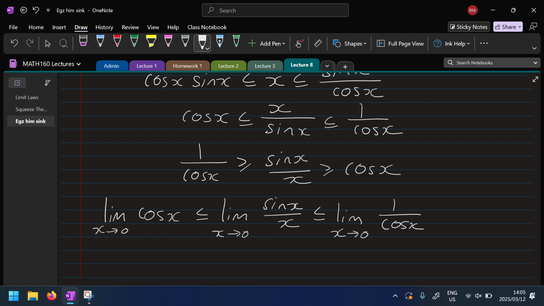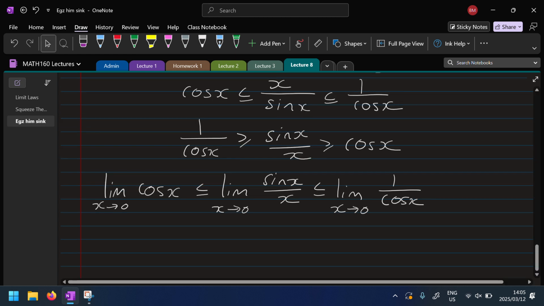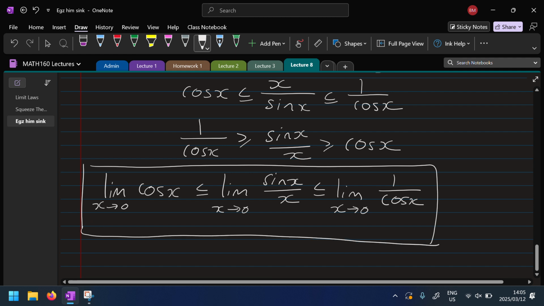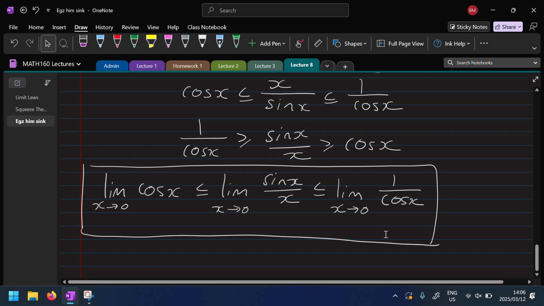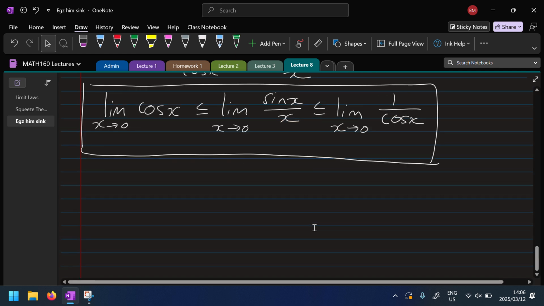So now we've set up everything for the squeeze theorem. We took the inequality of the three areas and we've converted it to this inequality of limits. Now we can just take the limits.